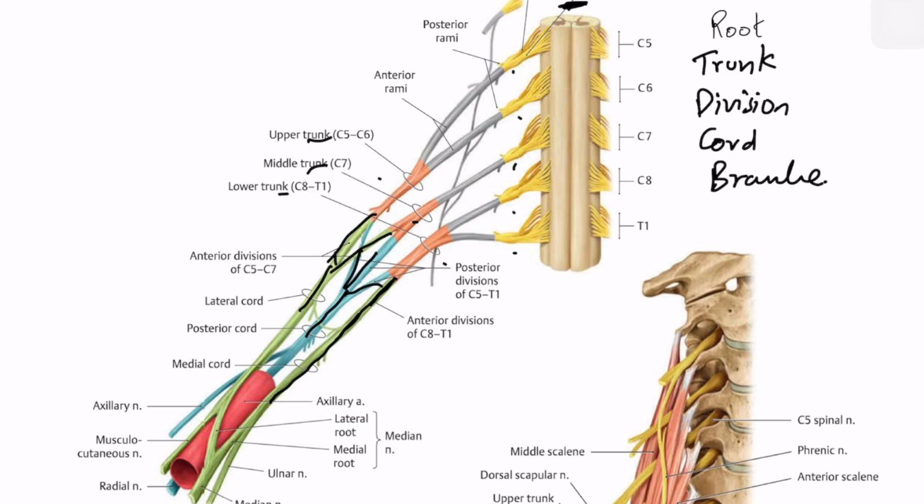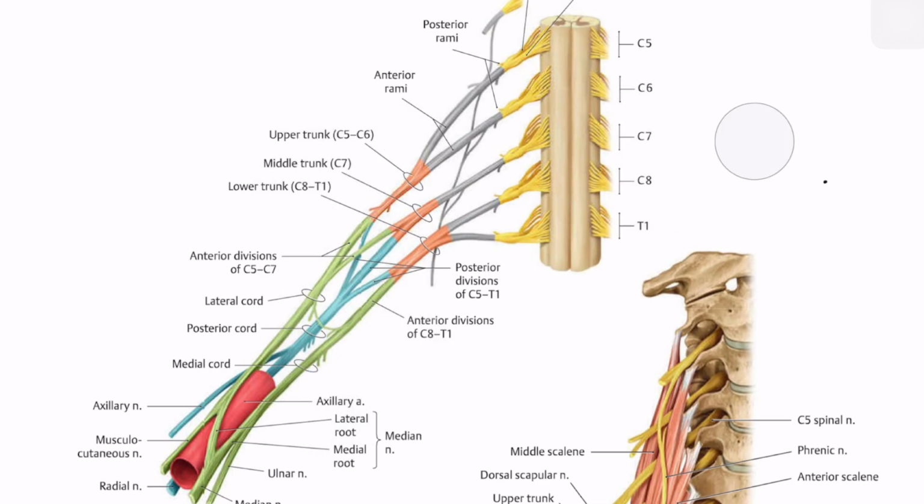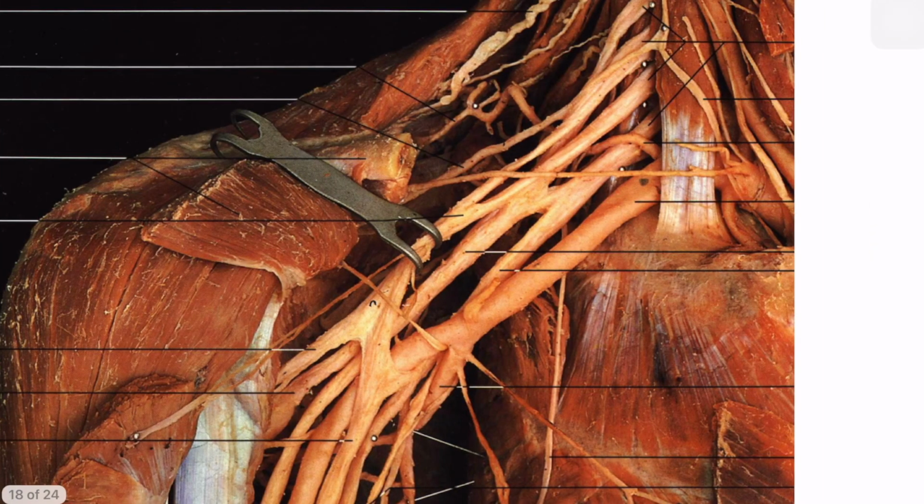Okay, with this knowledge, if we look at the cadaver image, we can see that these are the roots. The roots form the trunks at this level, upper, middle, and lower, and then they start to give divisions.